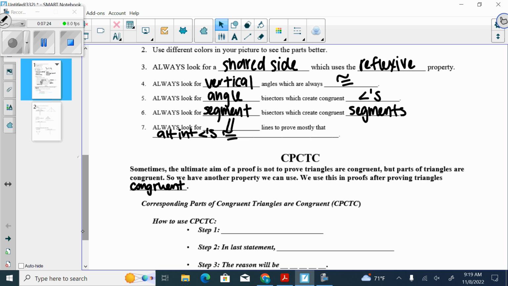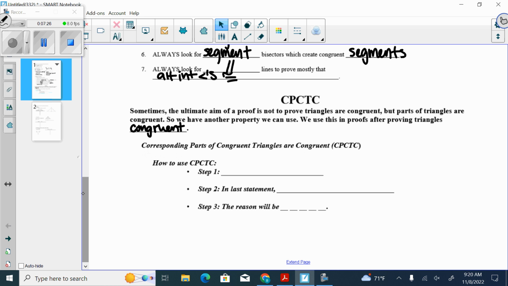Okay? And what does CPCTC stand for? It stands for corresponding parts of congruent triangles are congruent. That would be a long reason to write down in your proof every time, so that's why we use the abbreviation of CPCTC. All right, so if you were to use this in a proof, what does that look like?